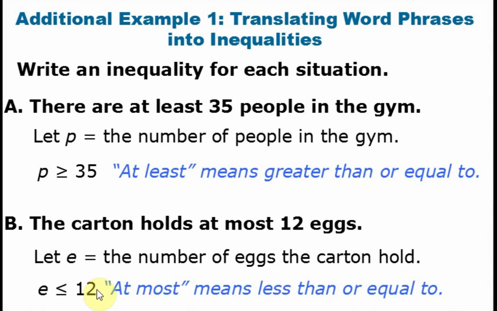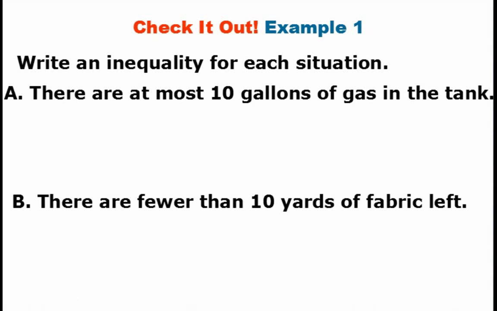All right. Let us look at some more examples. Write an inequality for each situation. There are at most 10 gallons of gas in the tank. There are fewer than 10 yards of fabric left.